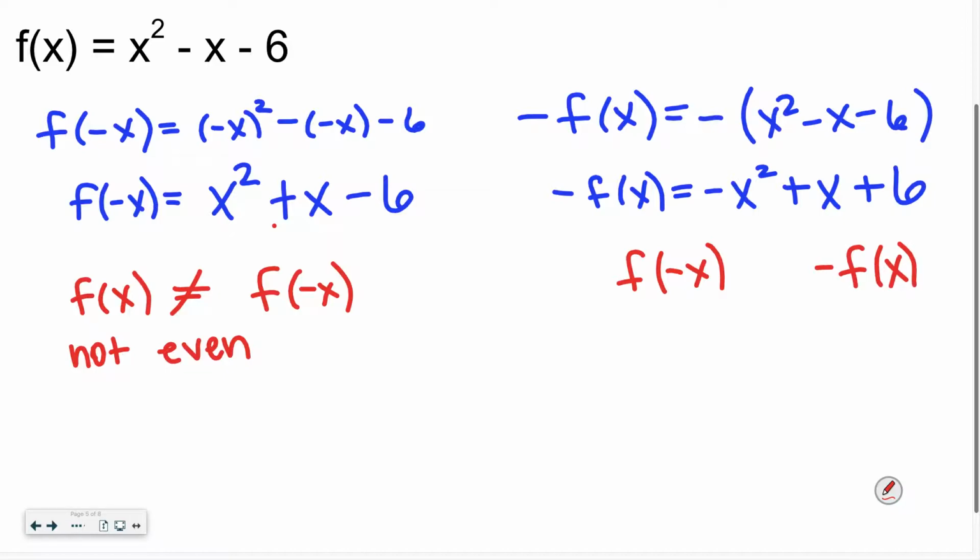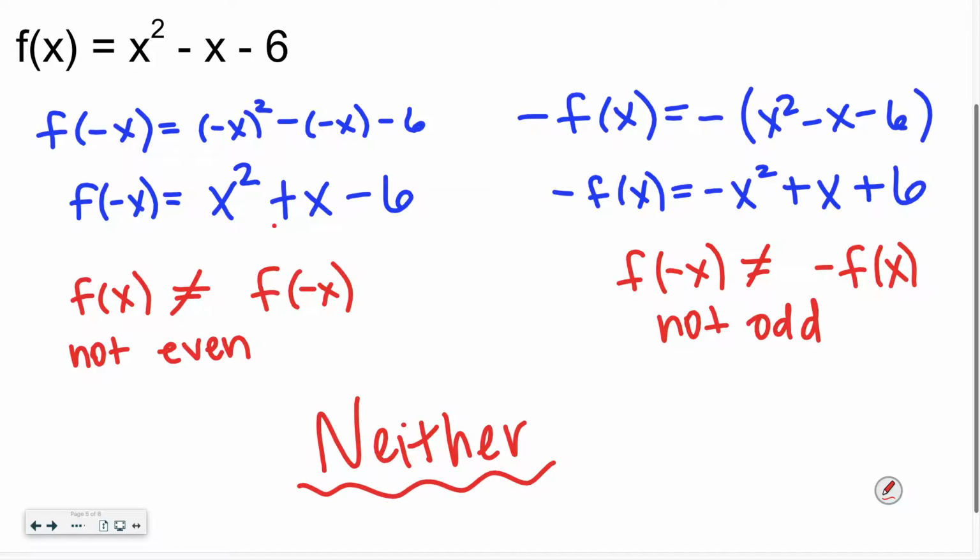So the two pieces of work that we've done here, do those come out to be the same thing? Oh, darn it. These are not the same, which means our function is not odd. That is okay. We can be neither. If our work shows us that it's not odd and that it's not even, then we're just a boring function.